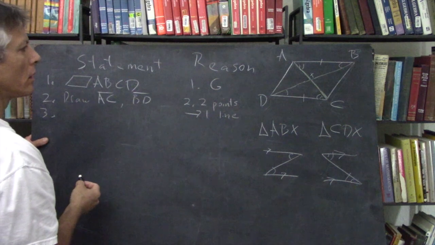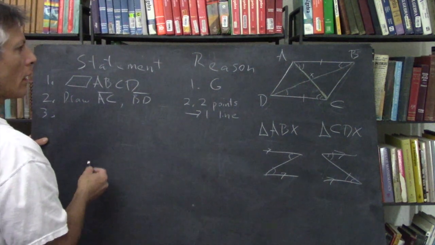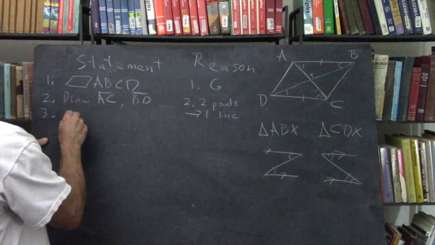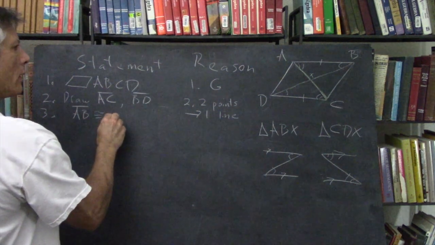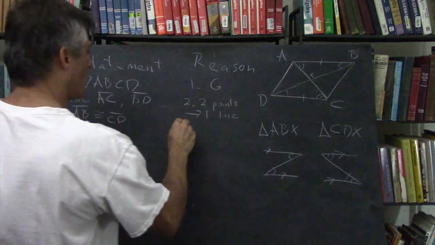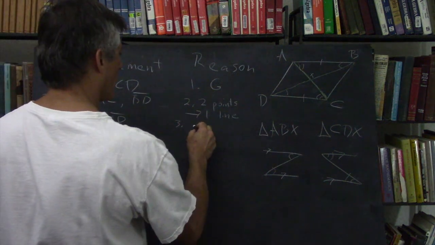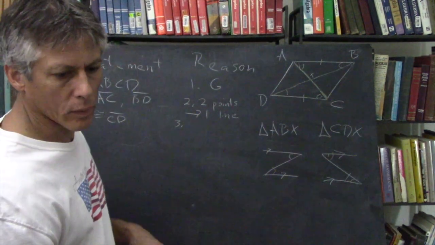Now we've got AB congruent to CD by Theorem 5.1.